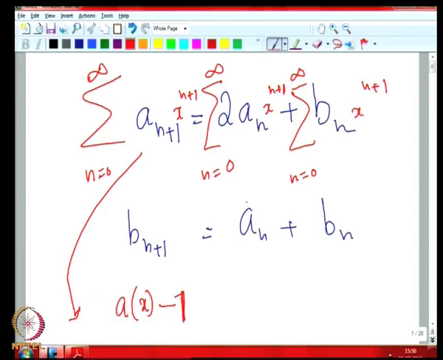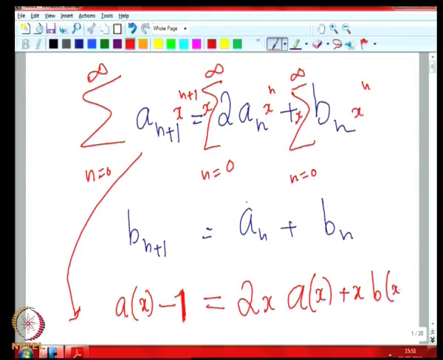So, we get 1 here is equal to 2x, which we can take out, and then the sum from n equal to 0 to infinity of An into x raised to n, this is A of x, plus x into B of x.